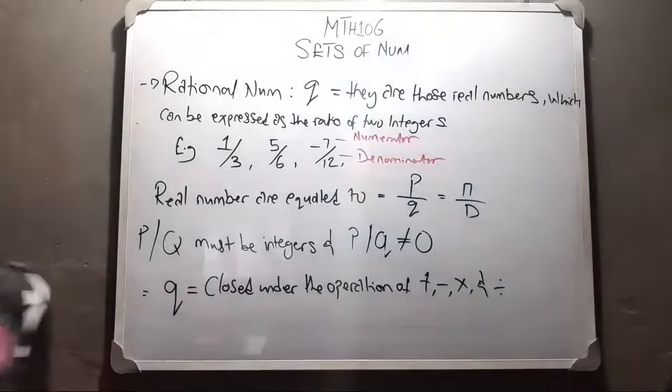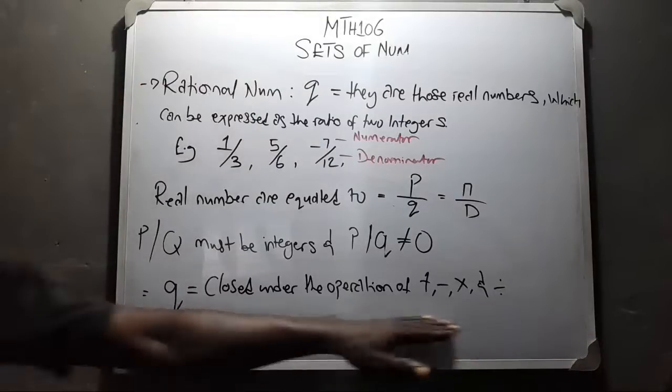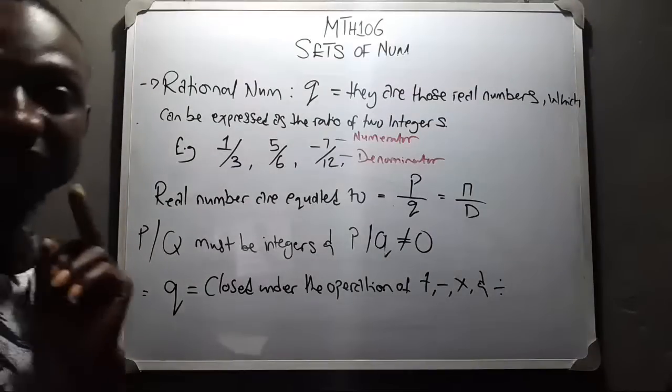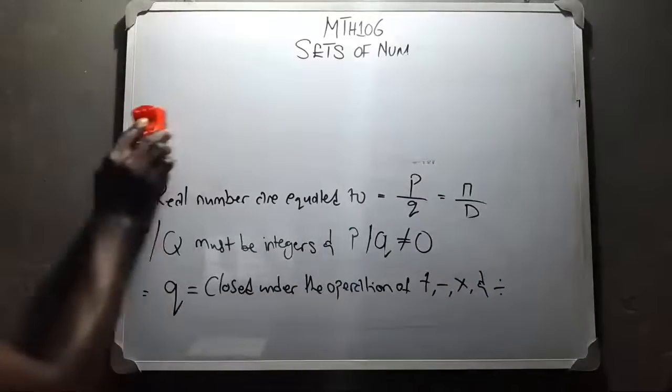Unlike what we have at other times, when it comes to rational numbers, it's closed under all these operations. All right, that is all we have on rational numbers.